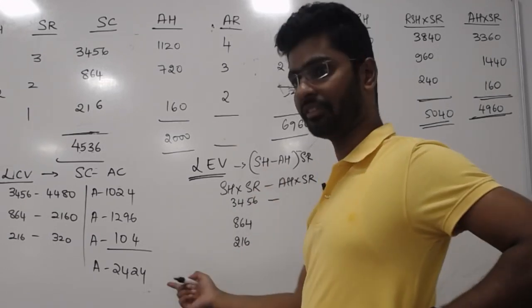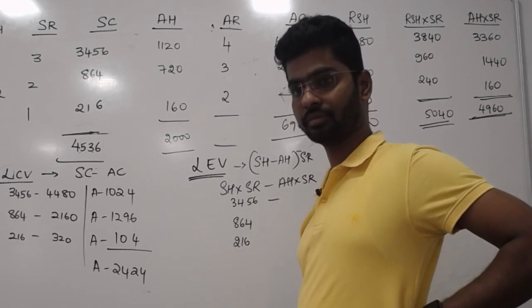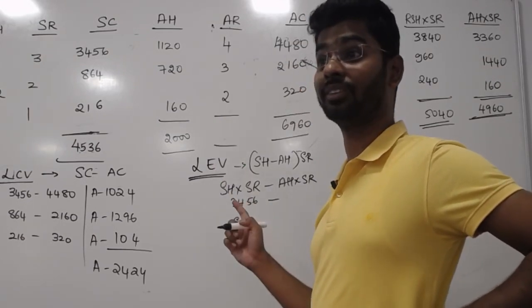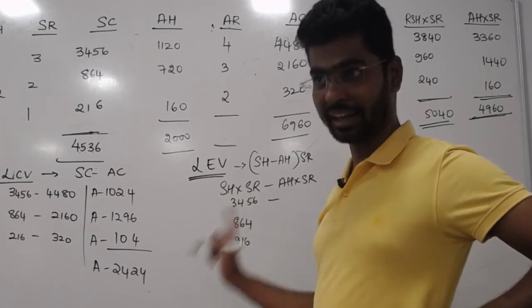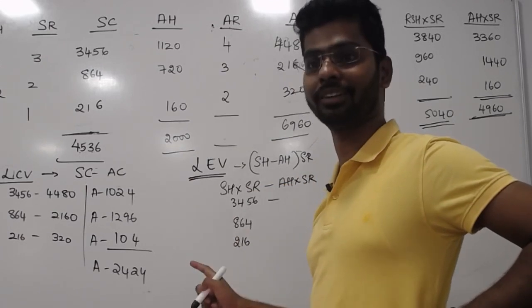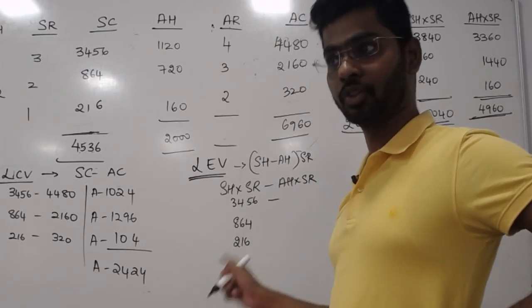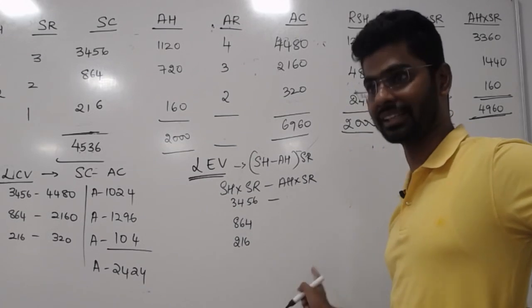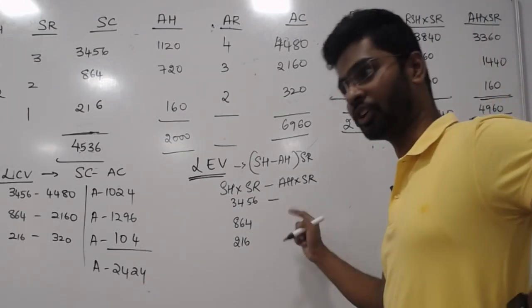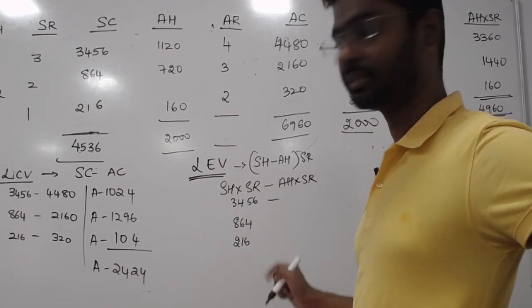No, finally we'll have to do the total. No, you are supposed to show it for every kind. That's what I told you. The idea of doing this chapter is not to say there is a difference. The idea is where do I control it. So you will have to do it for every single thing. Only for yield it's not required. All other things you'll have to do individually and also in total.